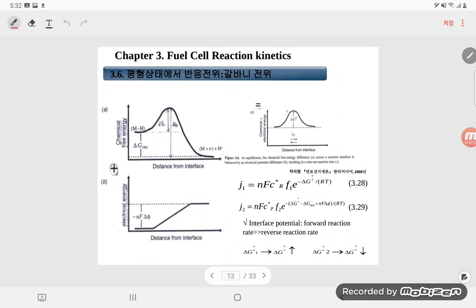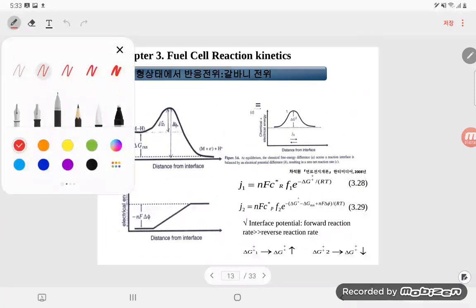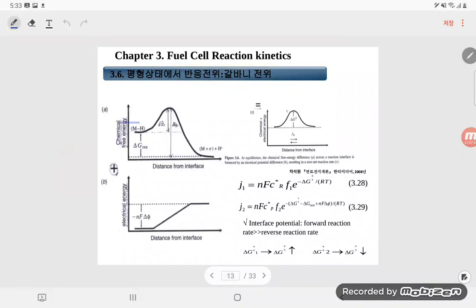Okay, in the graph, let's talk about the equilibrium state. In this graph, the first one is the chemical free energy, and the second graph is for the electrical energy.